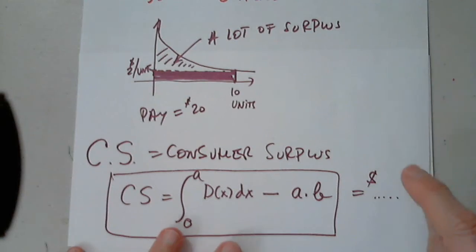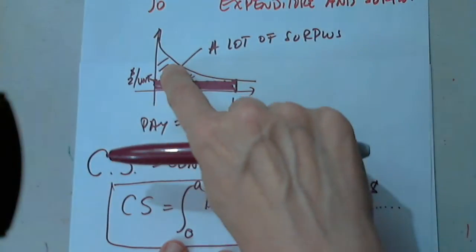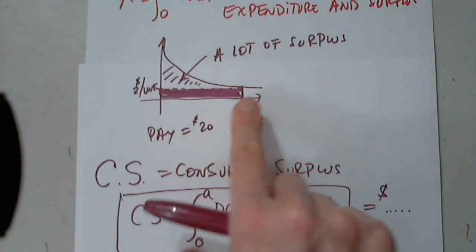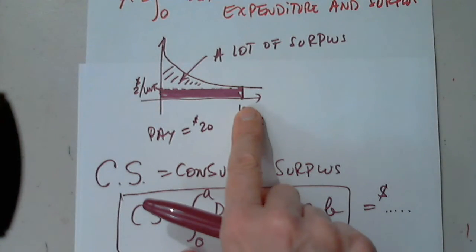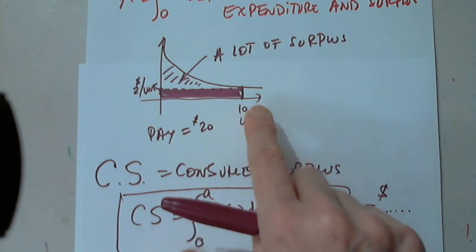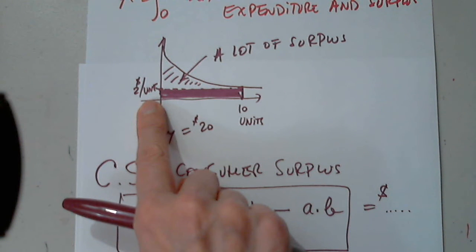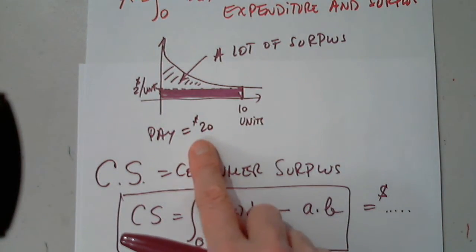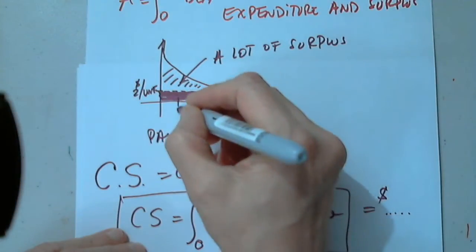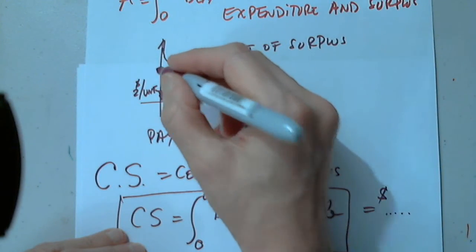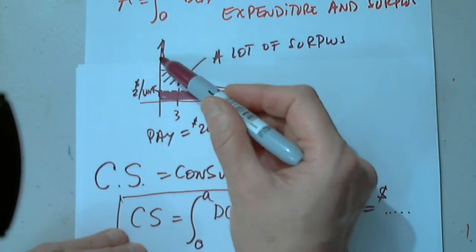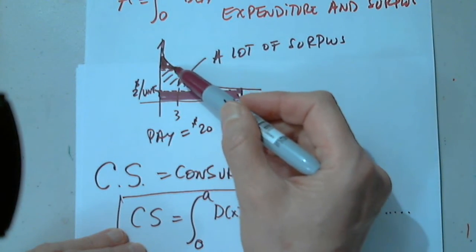Very good question. This surplus is something that we get added by, for example, if we buy more units, we are paying less money. So for 10 units, we're paying 20. For 3 units, I will pay more, and the surplus will be smaller.